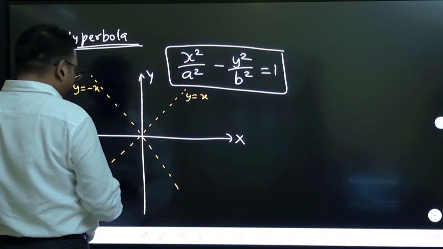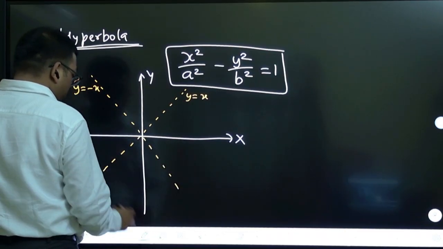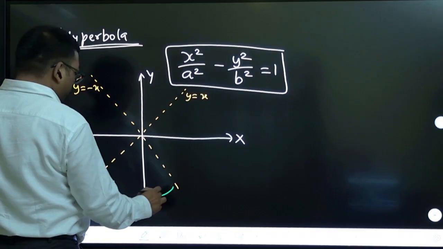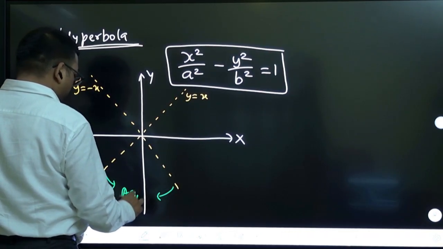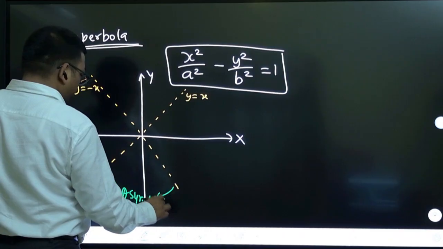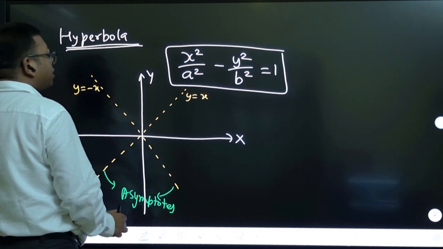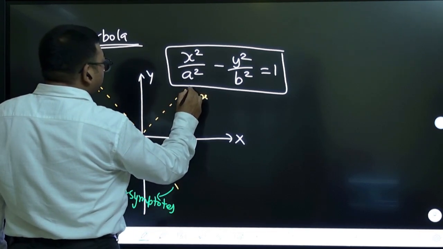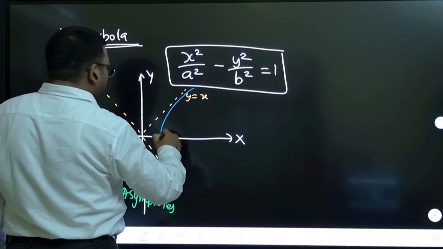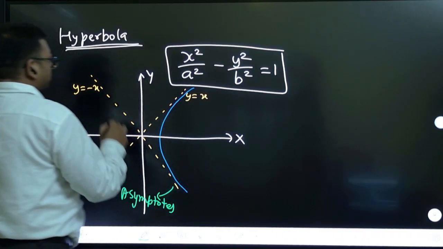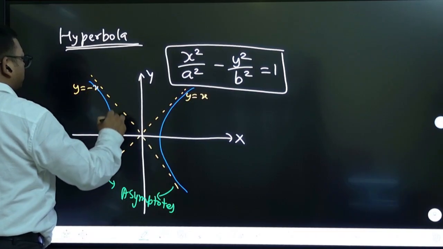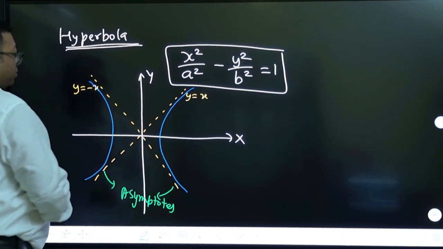So these two lines are called asymptotes. And the hyperbola curve is tangent to these asymptotes at infinity, like this. This is how it looks.